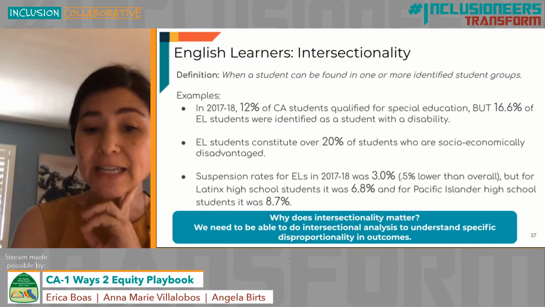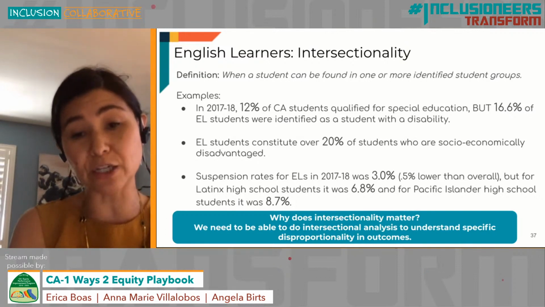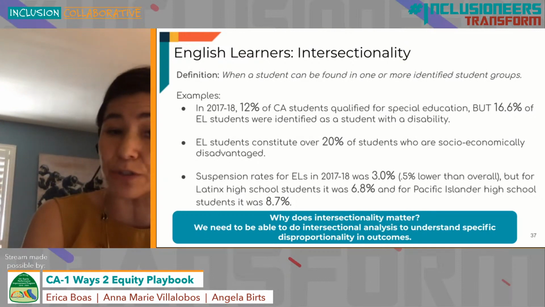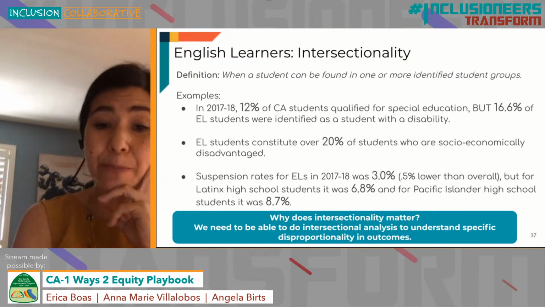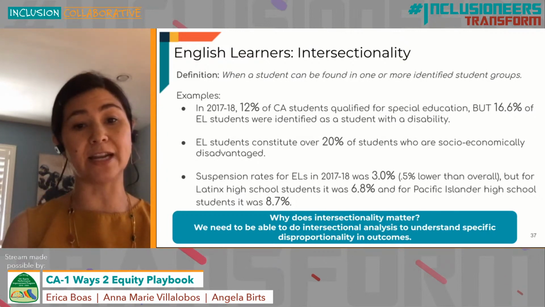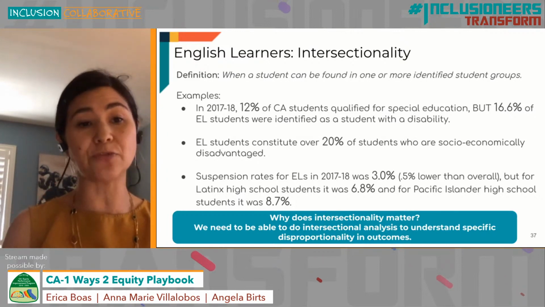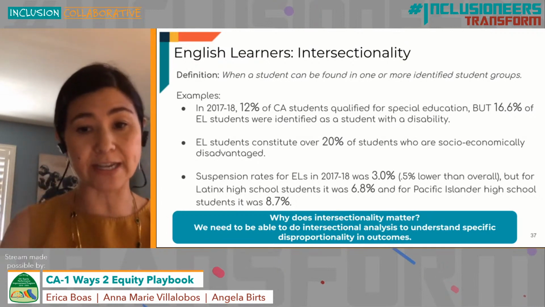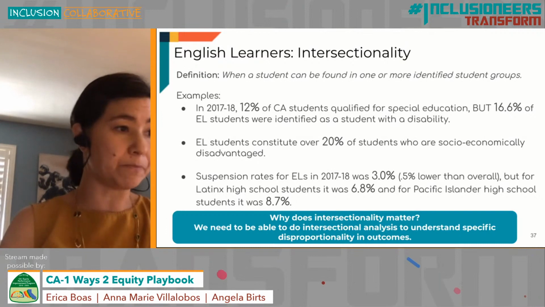But for Latinx high school students who were English learners, it was 6.8%. And for Pacific Islander high school students who were English learners, it was 8.7%. So here, once again, we see a disproportionality in the suspension rates for English learners if we disaggregate the data and look intersectionally across the data.